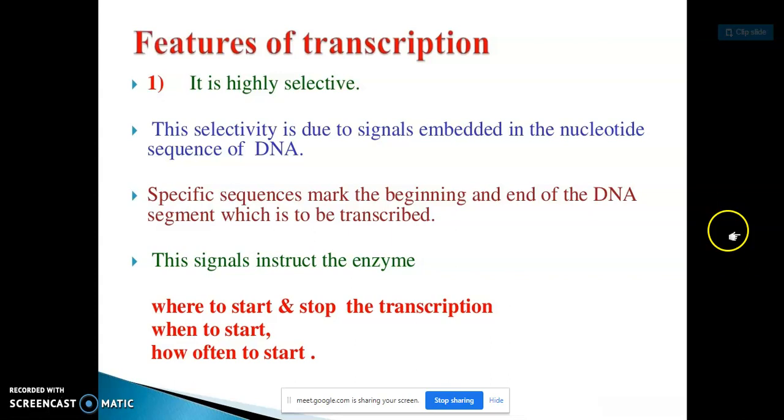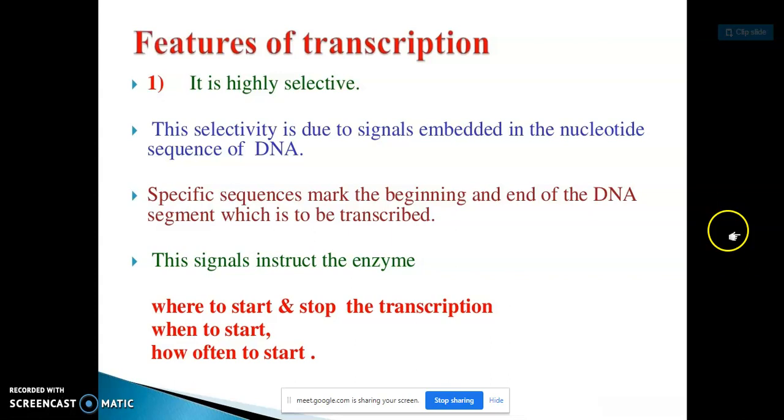So we have multiple genes in the genome. Each gene is going to be transcribed and forms RNA. And not all the genes are going to be transcribed at the same time.